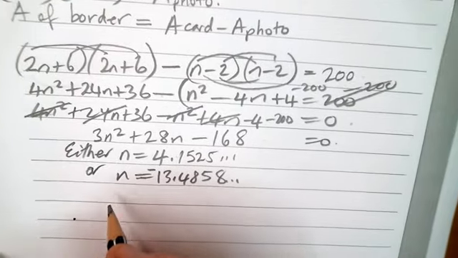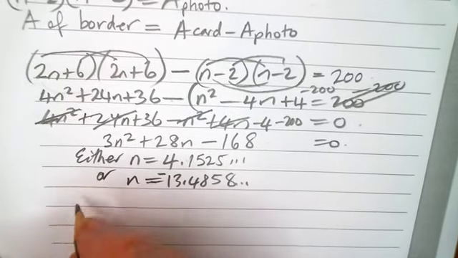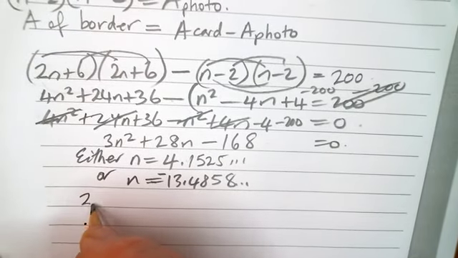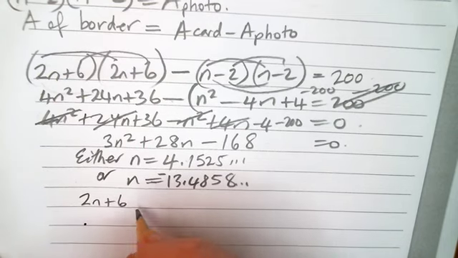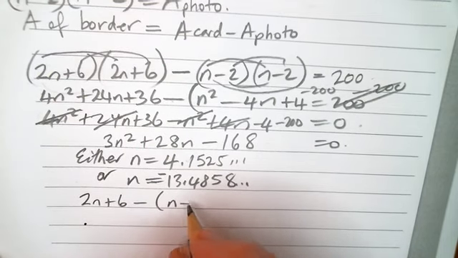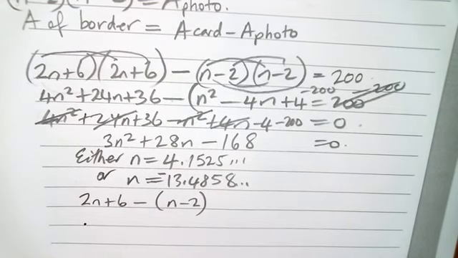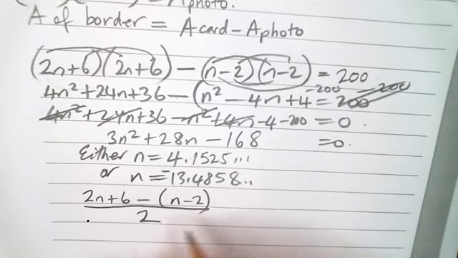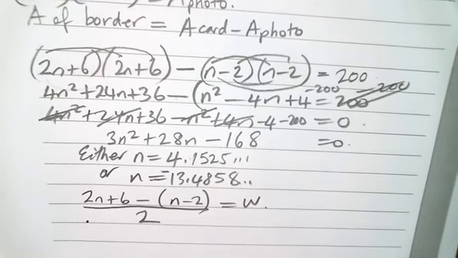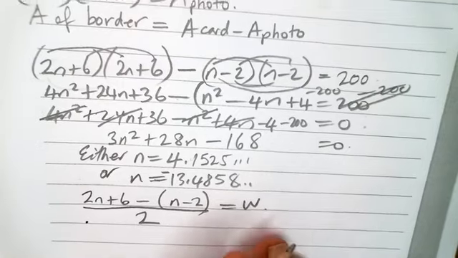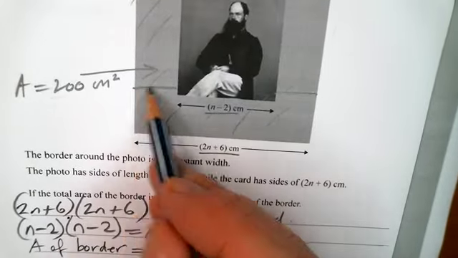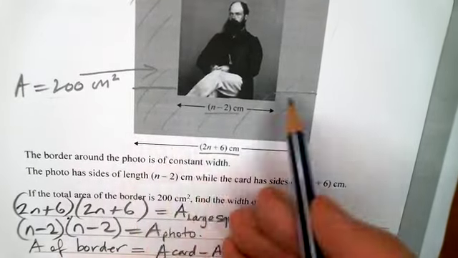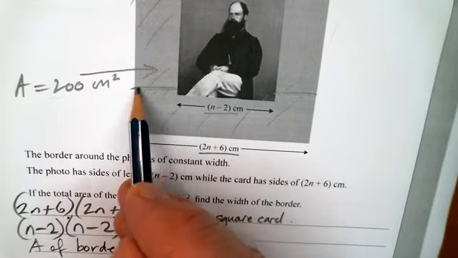So we're going to have 2n plus 6 minus n minus 2, and we're going to divide that answer by 2, and that will equal the width. The reason we're dividing it by 2 is because we've got 2 of them, and we want to find just one of them. We just want to find the width there, that W there.